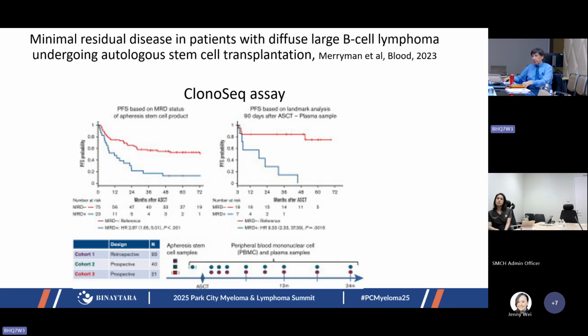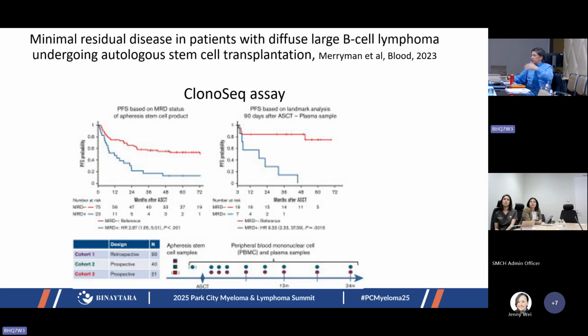These are patients after autologous transplant. They actually went back to the apheresis stem cells, looking at the time of apheresis, or at 90 days or 3 months after transplant. If you were clone-seq positive at the time of collection, before auto transplant, or even after, the relapse risk was extremely high. That's the curves in blue, the MRD positive status.